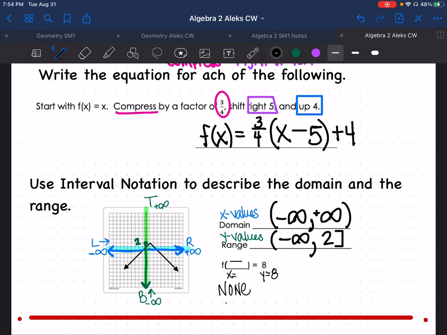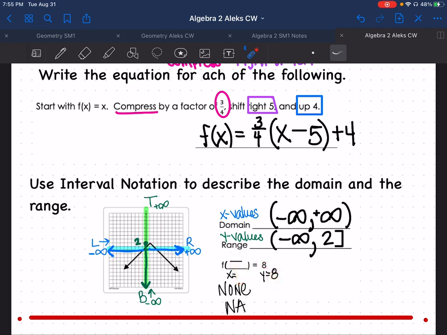N/A, doesn't exist. There's no graph there. Okay? Because this was my y value and not my x value. If this had been switched, if the 8 was here and the blank was there, then x is 8 and I need to find out y.